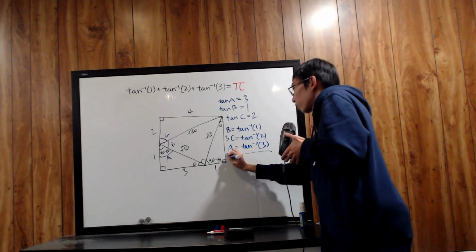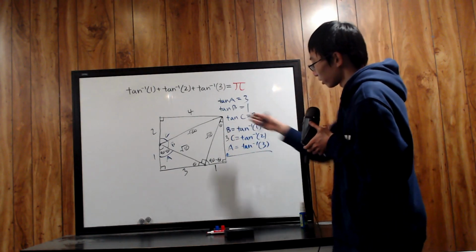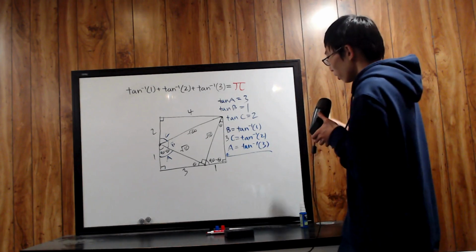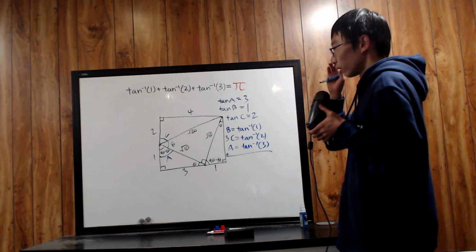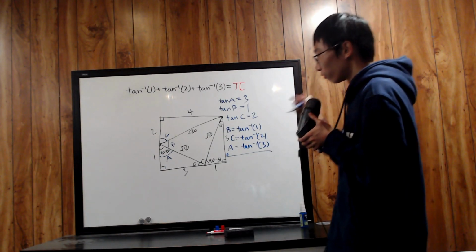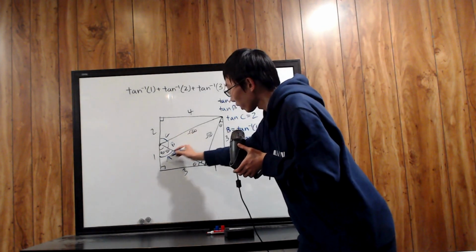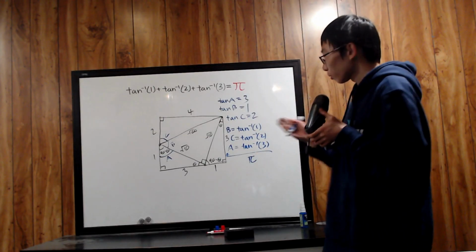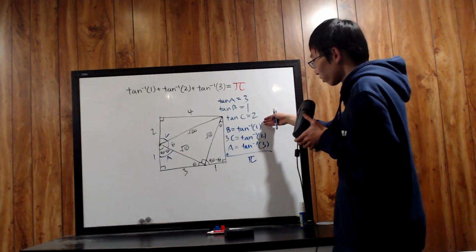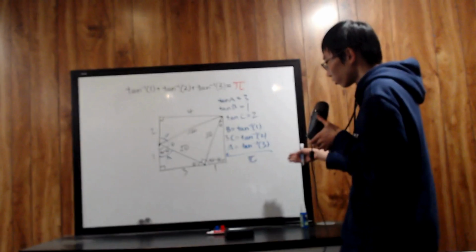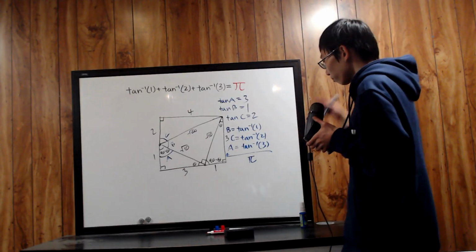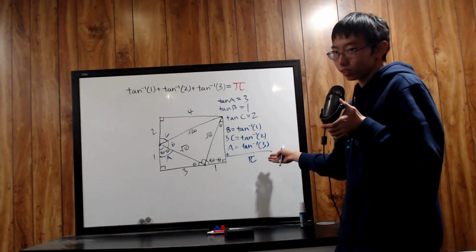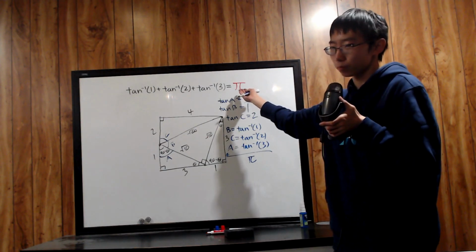Now, if you were to add them all up, A plus B plus C is equal to tangent inverse of 1 plus tangent inverse of 2 plus tangent inverse of 3. But notice this, visually, they add up to a straight angle, which in radians is pi. So we've concluded that tangent inverse of 1 plus tangent inverse of 2 plus tangent inverse of 3 is equal to exactly pi. Hence proved. We've proved our original proposition.